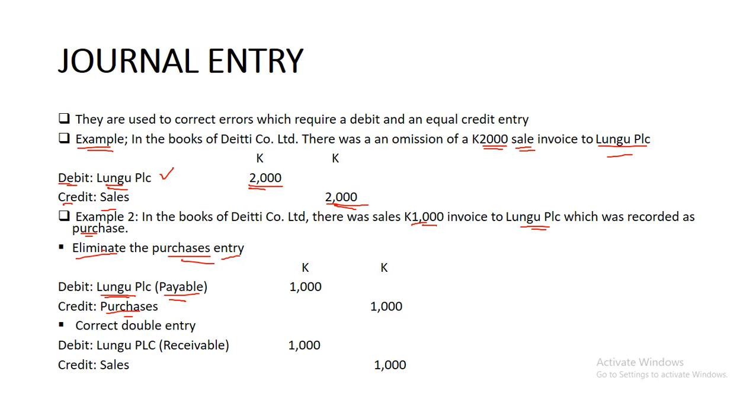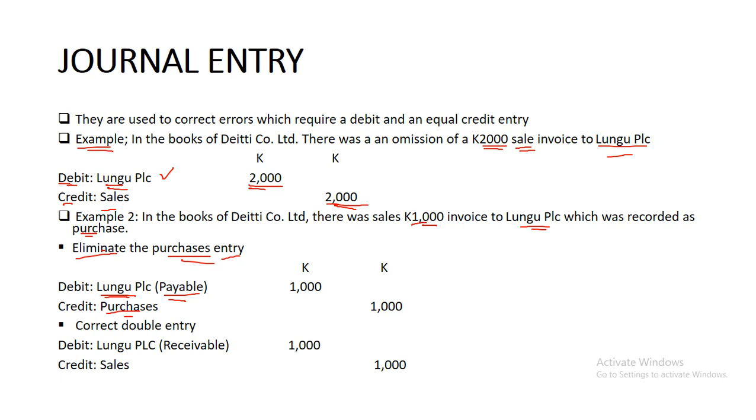Then the other question you can ask is, in the purchases account, there's nothing that's supposed to be on the credit side, so why are we recording on the credit side? This is why we have these journal entries. These journal entries don't really affect the separate purchases account. The purchases account is just the way it is. So we make these journal entries to record that transaction without really affecting the purchases account.